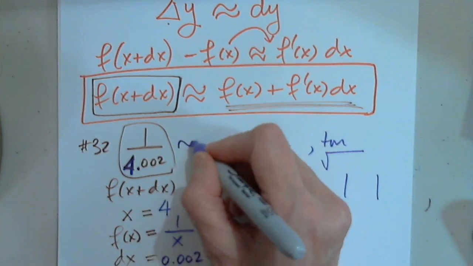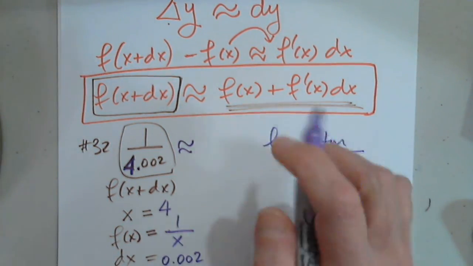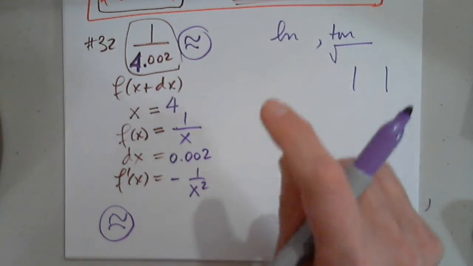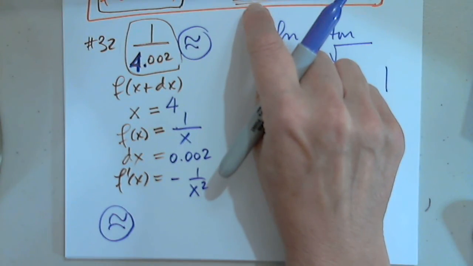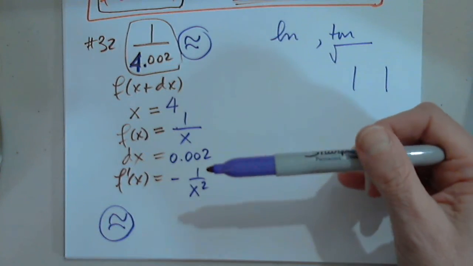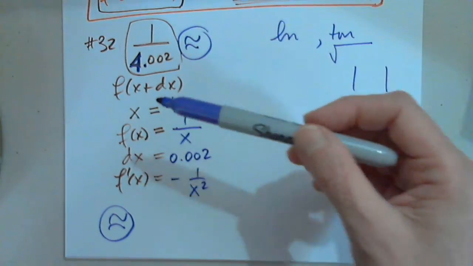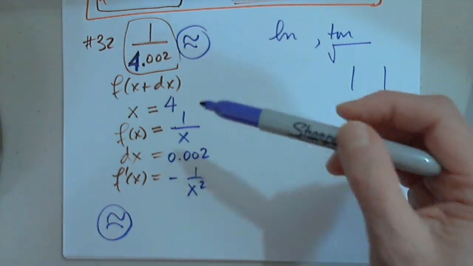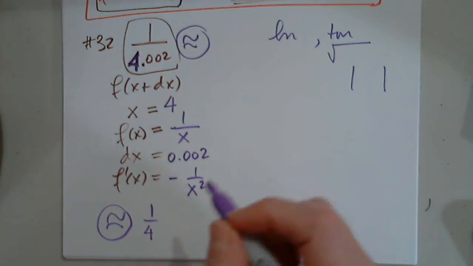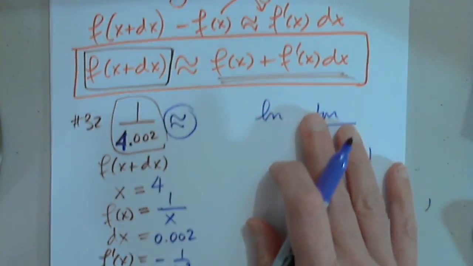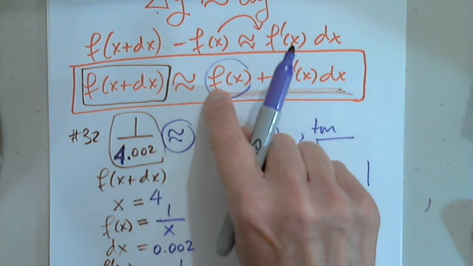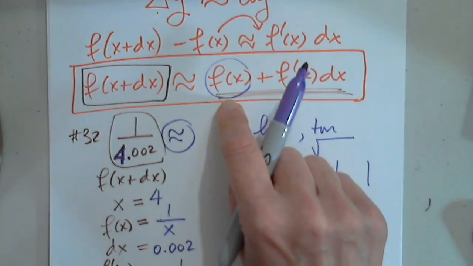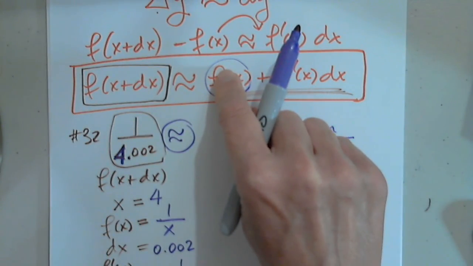So then, approximately, since I wrote stuff here, I'm going to continue it here. Can anyone tell us what f of x is? We identified x, we identified f of x. So I want f of 4, right? X is 4. The function we established is 1 over x, so this is 1 over 4.